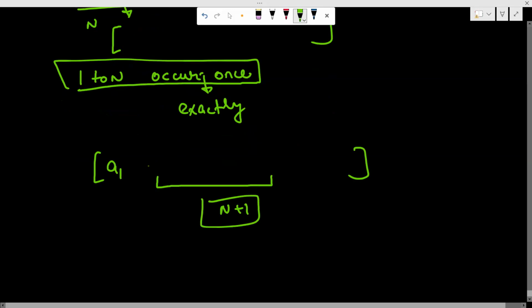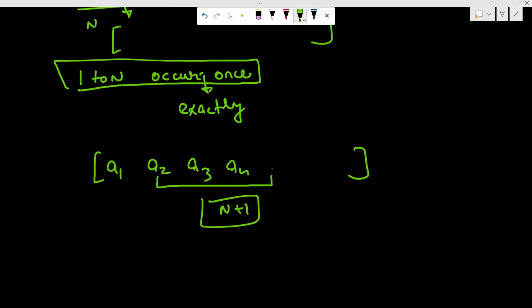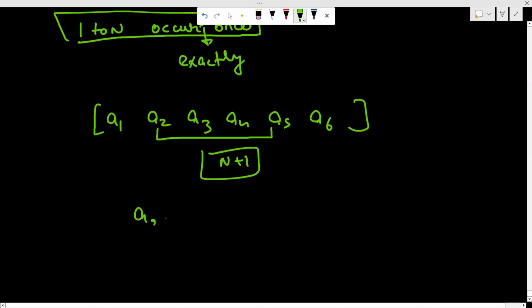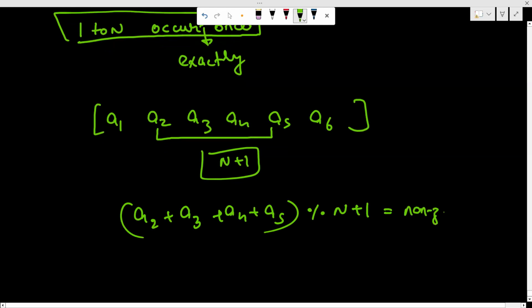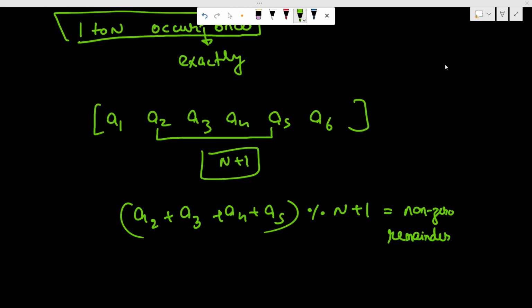That is, let's suppose I have A1, A2, A3, A4, A5, A6, six numbers, and I consider these as my subarray, then this sum A2 plus A3 plus A4 plus A5, when divided by n plus 1, should give some non-zero remainder. Is the problem statement clear, guys? Clear? Yes? Okay.